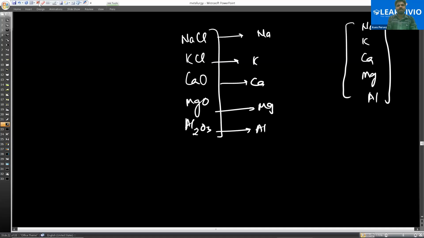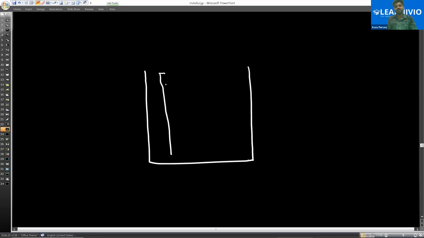Now, in the electrolytic reduction, we take the molten metal ore. For example, if you are going to take sodium chloride, you will take the sodium chloride in the liquid form, molten. Why molten?